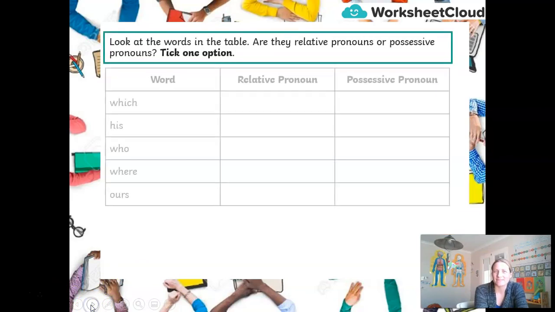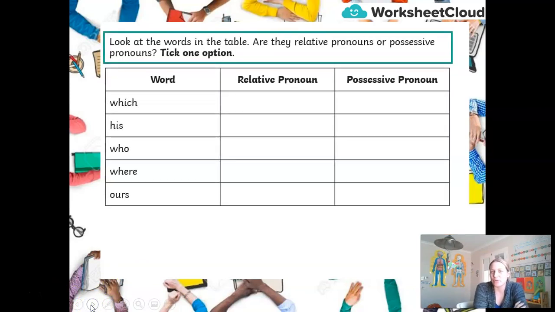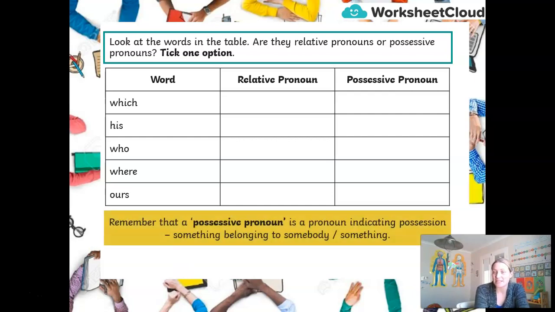Okay. Look at the words in the table. Are they relative pronouns or possessive pronouns? Now we have done a lesson on parts of speech and particularly pronouns. So if you cannot remember, or you want to skip this one out, go and have a watch of that video. Remember, a possessive pronoun is one that indicates possession.